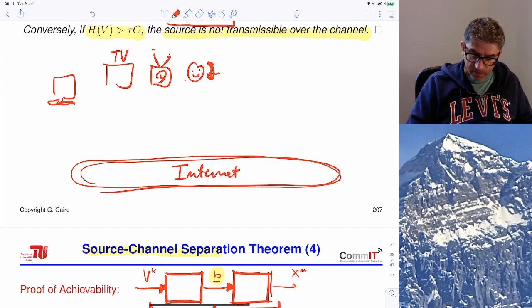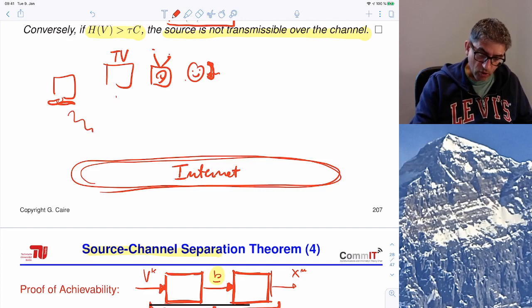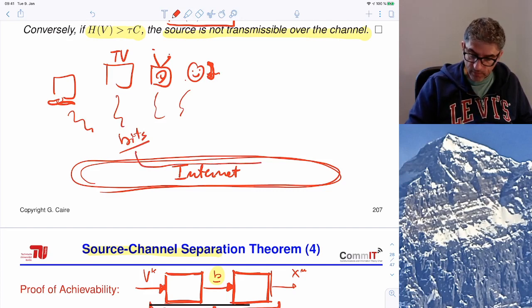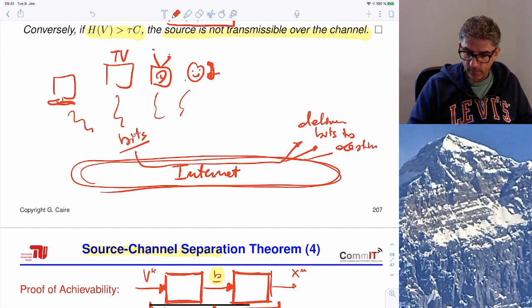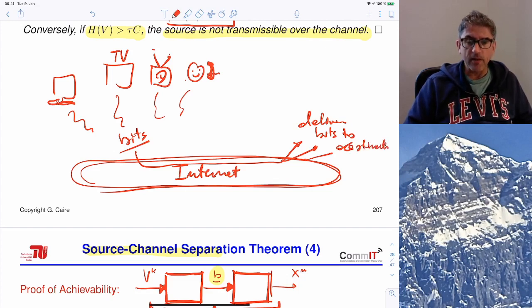And this theorem essentially says that it's essentially optimal to take all these different sources, convert them into bits, and then just find efficient ways to deliver the bits to destination. And this is actually pretty much optimal.